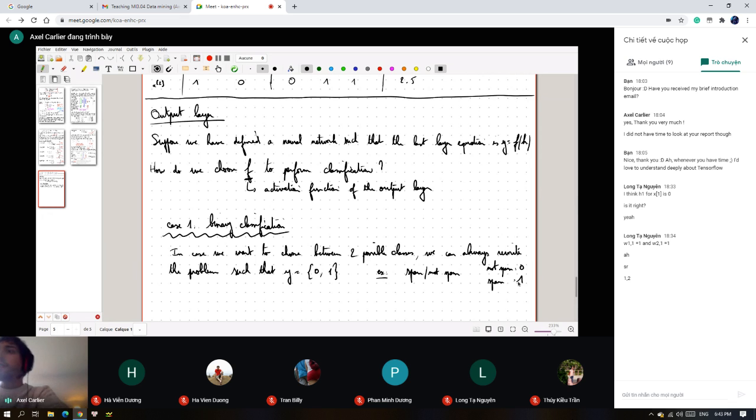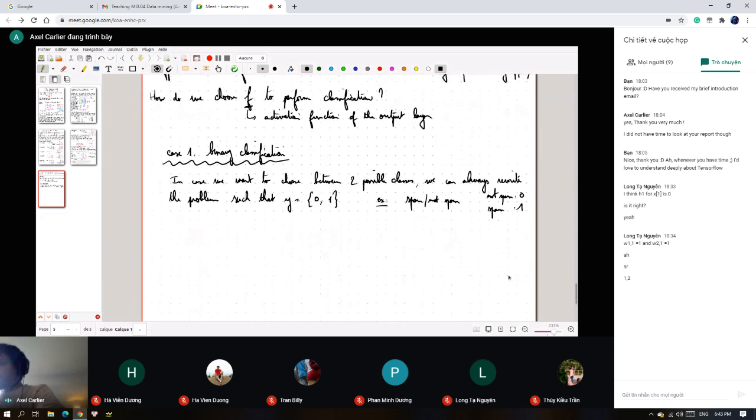Same thing with the case I mentioned yesterday: if you want to look for a tumor in medical imaging, if you find the tumor, it will be 1, and if you don't find the tumor, it's 0. So it's very usual to reformulate a binary classification problem under this form 0, 1. And in this case, if you have this 0, 1, it is a very good idea to use a sigmoid function for the output layer activation.